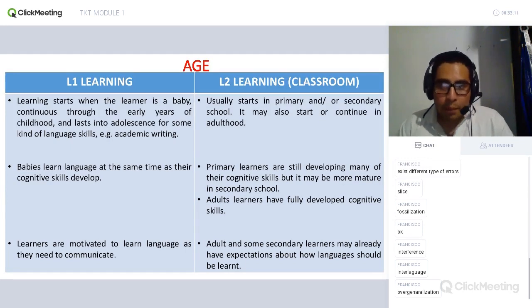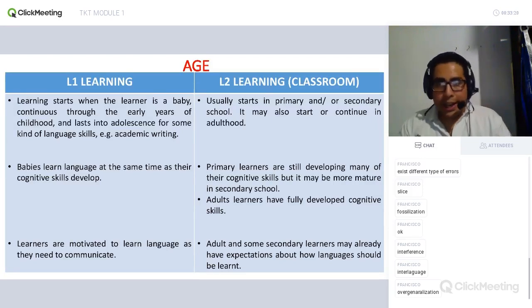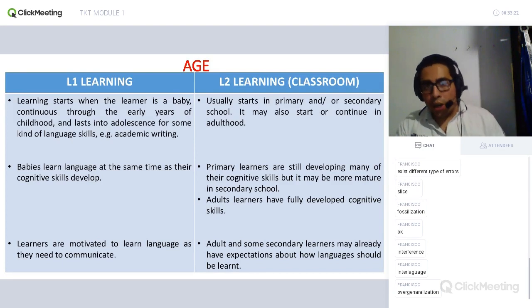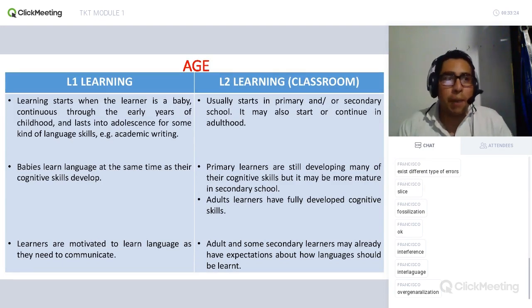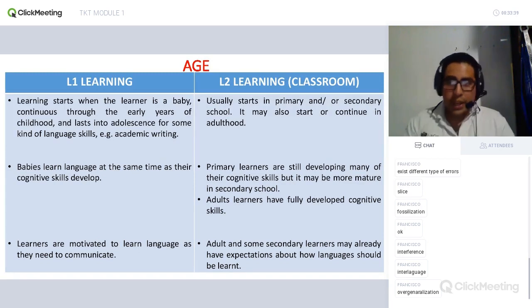For example, we learn L1 since we are babies, since we are in contact with the language. And L2 is learned when you are in primary or secondary school, if you have the chance, because not many students have the chance. So that's the first disadvantage. In L1, you are totally involved since you are born, and L2 is more for academic stuff.